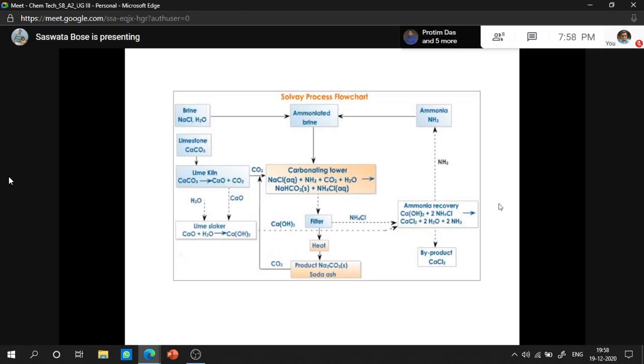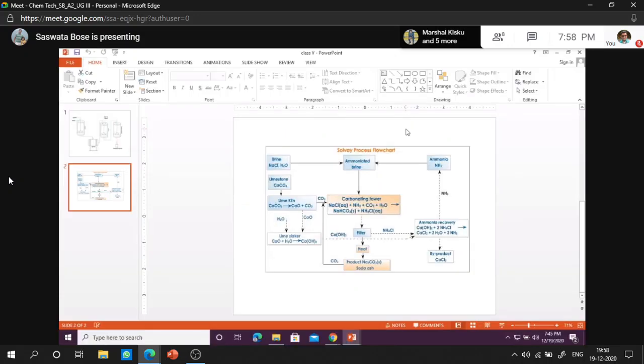It is fed to the combined ammonia still, where it reacts with calcium hydroxide or milk of lime to give ammonia gas and calcium chloride as the byproduct. This ammonia gas is again fed to the ammoniated brine solution for continuation of the process. So this is all about the sodium carbonate soda ash production process.